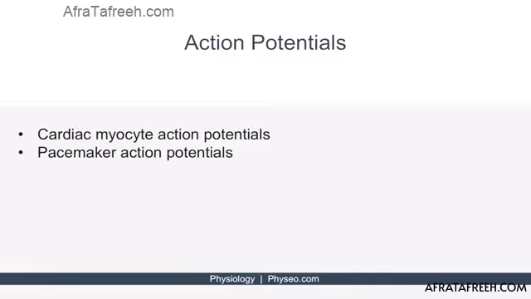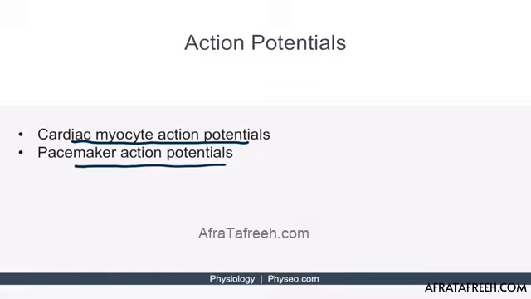As stated in your text, there are cardiac myocyte action potentials and pacemaker action potentials. Pacemaker action potentials occur in the SA node, AV node, bundle of His, and the Purkinje system, while cardiac myocyte action potentials occur in the other cells of the heart that don't comprise the electrical system. This would include the cells that make up, for example, the ventricles, the atria, and so forth.